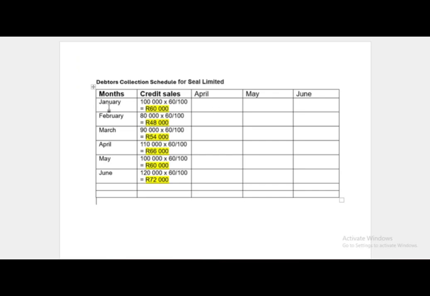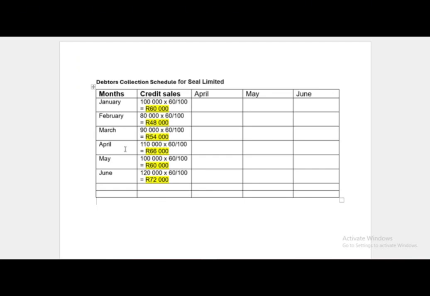So remember, the policy says if you purchase in January, you pay 20% in January. So January is not part of our debtors collection schedule months. And then the policy again says if you bought in January, you have to pay 50% in February. February is not on our months for the debtors collection schedule.